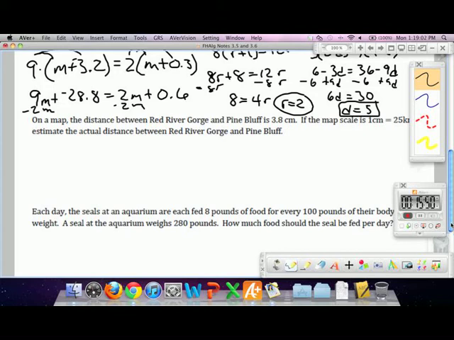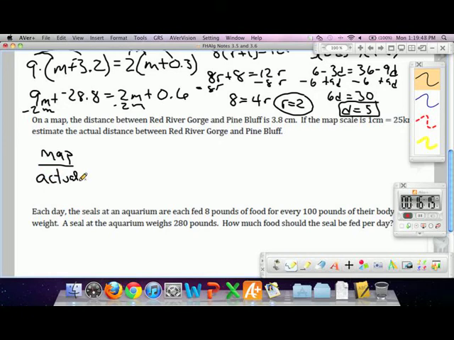So let's set up some comparisons or a proportion involving some things on here. If we compare map distances to actual, what are two comparisons that should be equal? Well, the map scale, 1 centimeter on the map is 25 kilometers in real life.